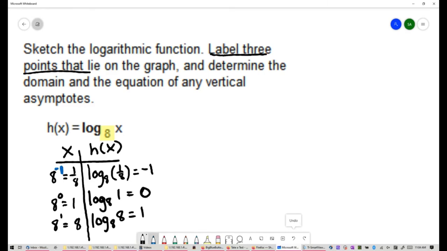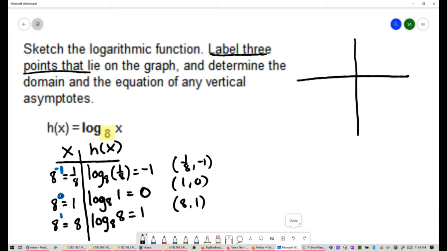So notice these end up being the y values. So then I have this list of ordered pairs, 1/8 and -1, 1 and 0, 8 and 1. So this is going to allow me to get a sketch of the graph.